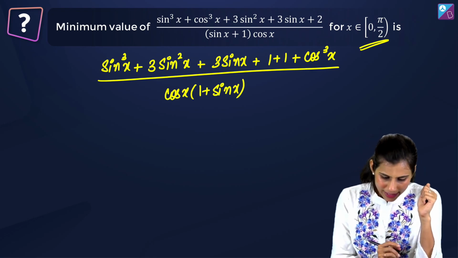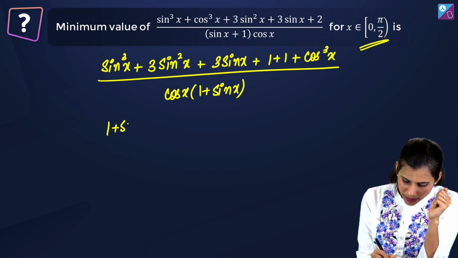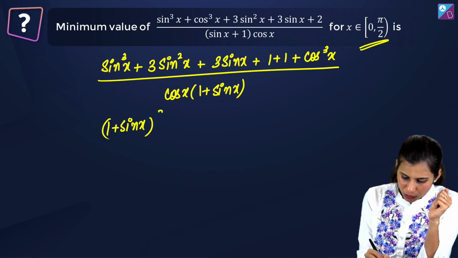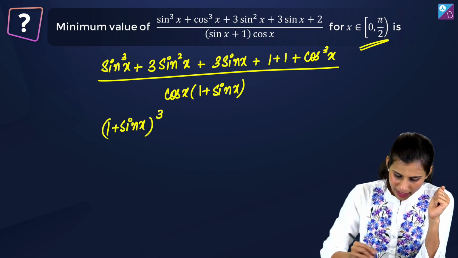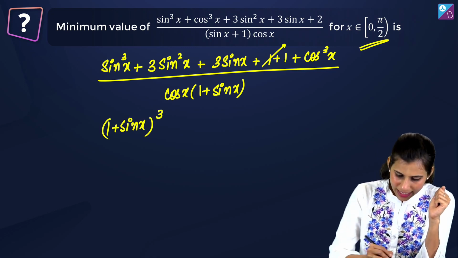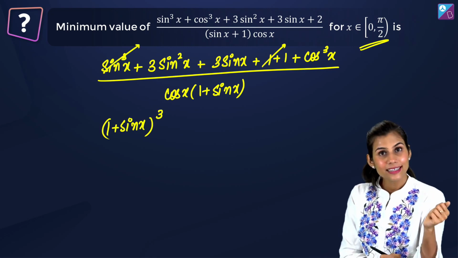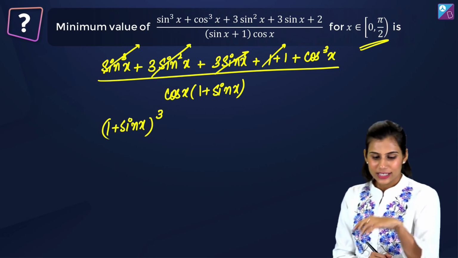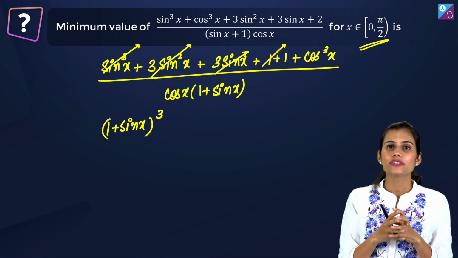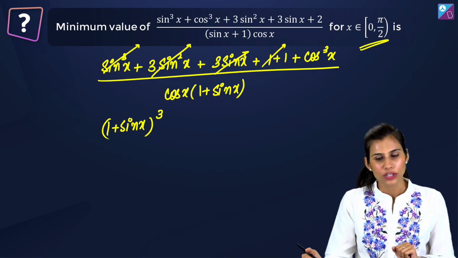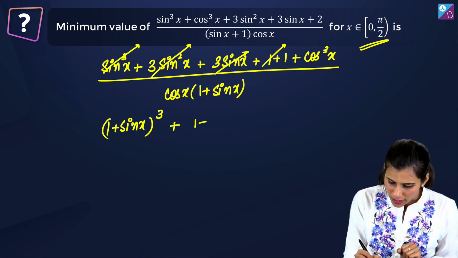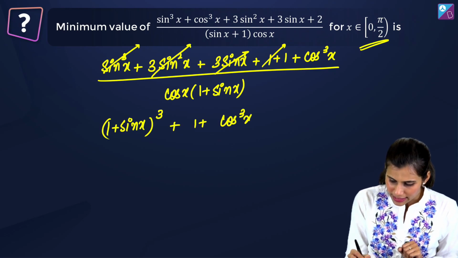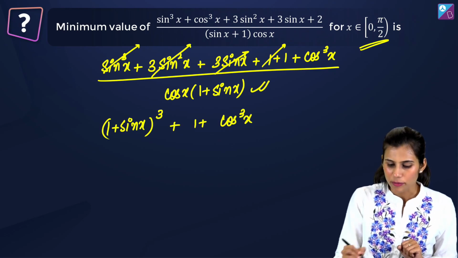Now can I write this as (1 plus sine x) whole cube? I have 1, that is 1 cube, plus sine cube x plus 3 sine x plus 3 sine square x. So these 4 terms get combined together to give me (1 plus sine x) whole cube. Apart from that, I am left with 1 plus cos cube x, and all of this upon the denominator.